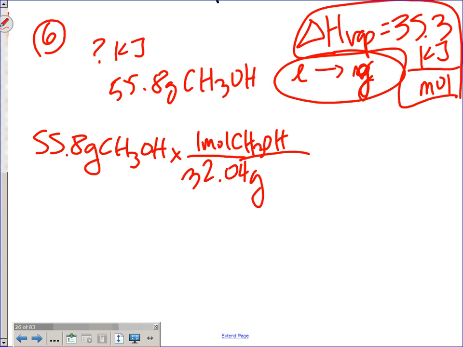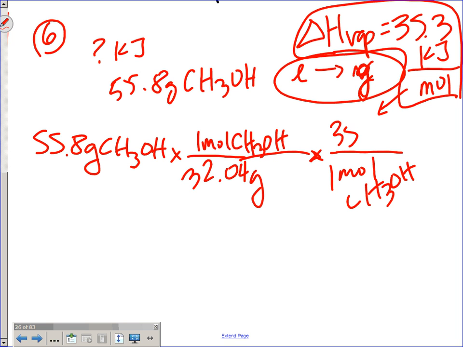I'm just going to keep trucking and plug my constant in, and the moles are in the correct location on the fraction. So 1 mole of methanol will absorb 35.3 kilojoules of energy in order to cause the liquid 100% to go to vapor, so the vaporization energy. Everything here will cancel, leaving us with only kilojoules, which would give us our final answer.